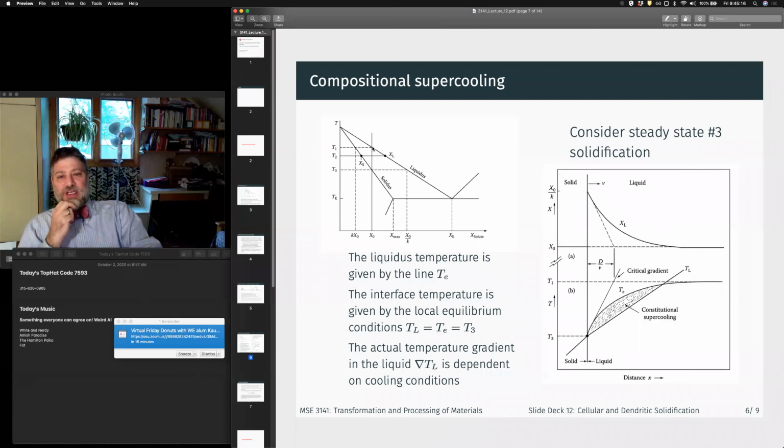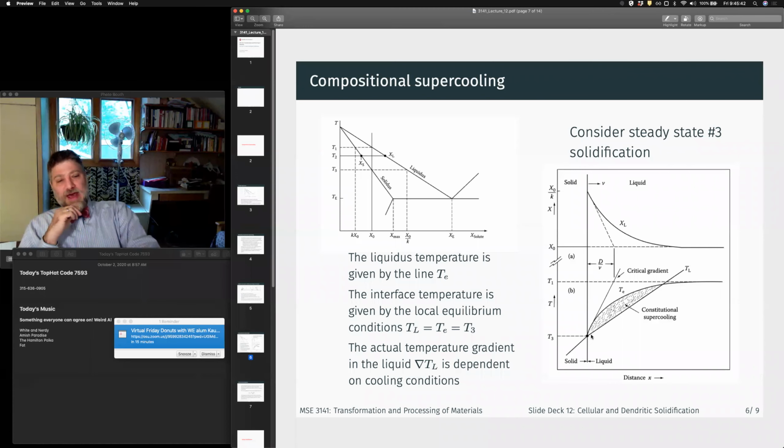If we have a liquid composition of X naught, our equilibrium solidification temperature is given by T1, which is much higher than T3. So this curved line represents the temperature that the liquid wants to freeze at for its given composition.